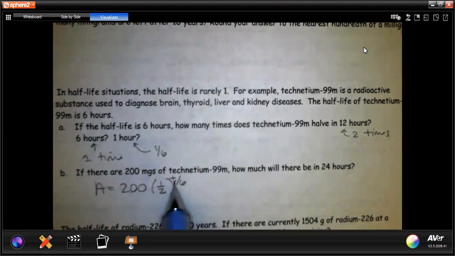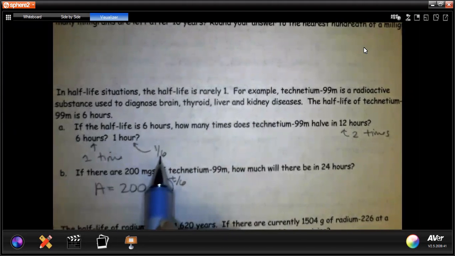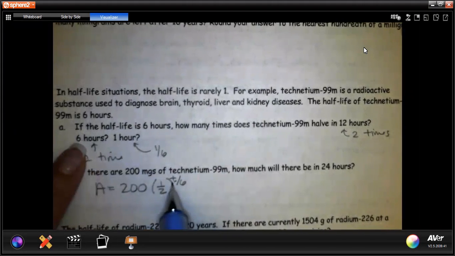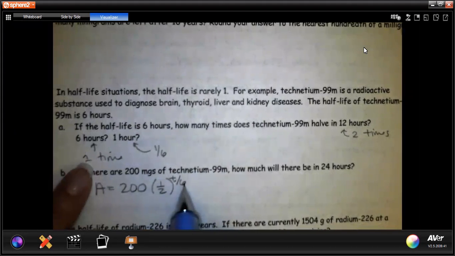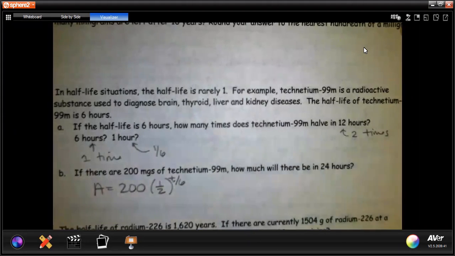Now, if we plugged in 1 for the time, just like it was here at 1 hour, it'd be the 1/6. If we plugged in 6 hours here, 6 divided by 6 would be 1 and give me the 1 time. If we plugged in 12 here, 12 divided by 6 would give me a 2 up here, which is exactly what we were looking for, 2 times. That's where that division part is coming from, and it's really important that you're able to set that up.